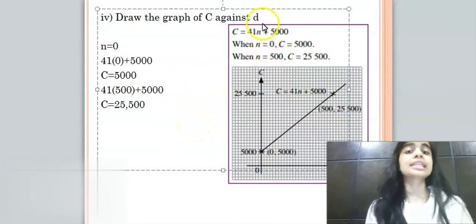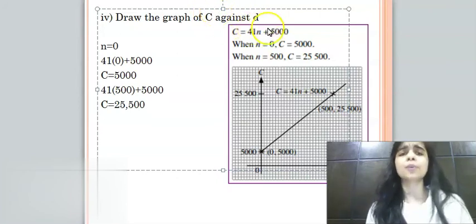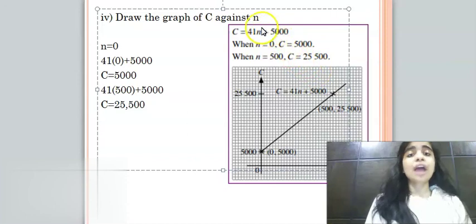That means C is not directly proportional to N. And we can see that very clearly. Why? Because when my n was 0, C was already 5000. So it cannot pass through the origin. Okay, this should be n. I just corrected it. So this is n. Alright, so we are done with this problem.